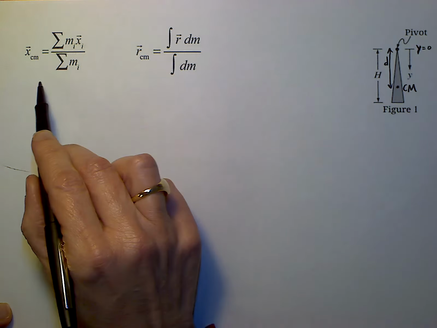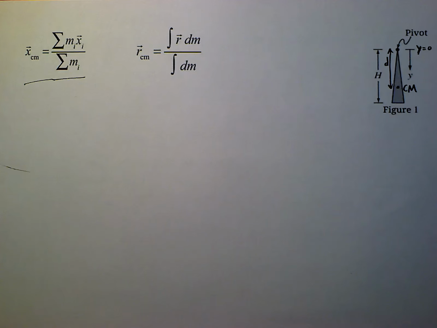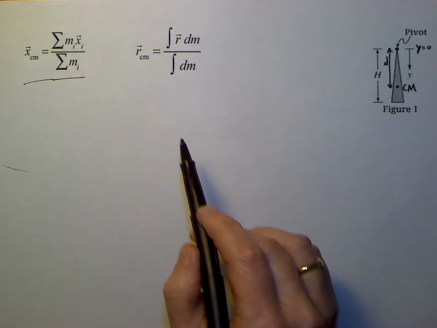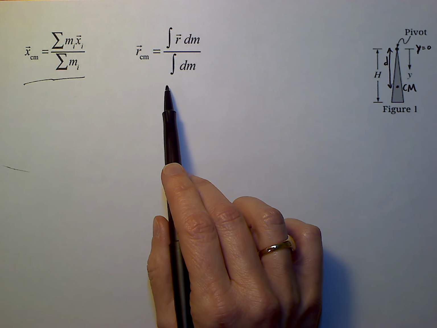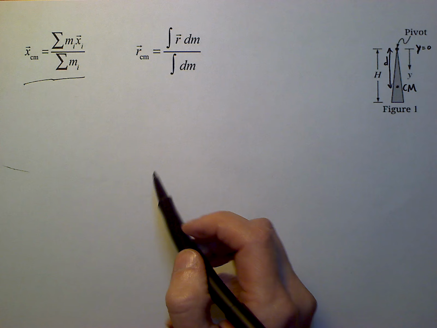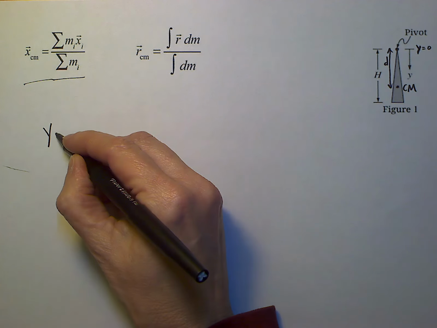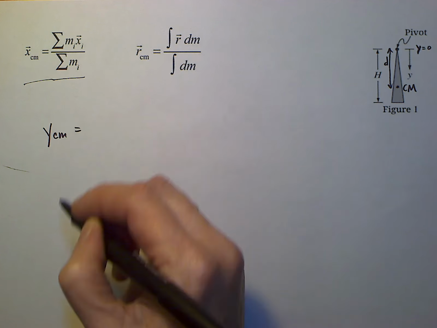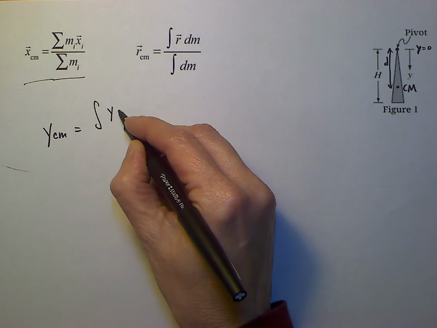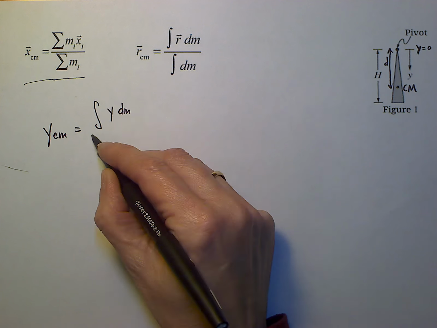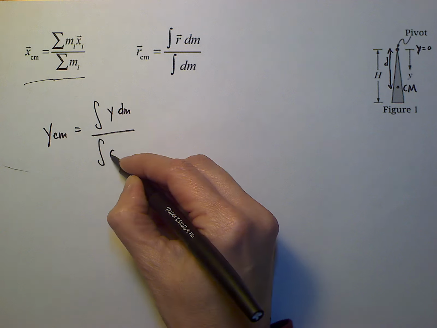So this was the formula we used most of the time when we're working with particles trying to find the location of the center of mass. This is the integral form of that. Because I'm specifically looking in the y direction, let me rewrite this as y center of mass equals integral of y dm over integral of dm.